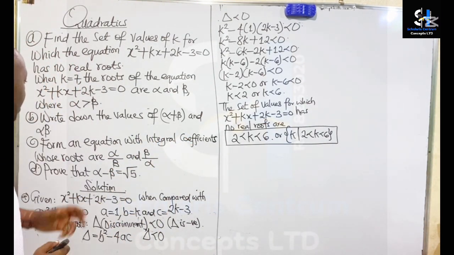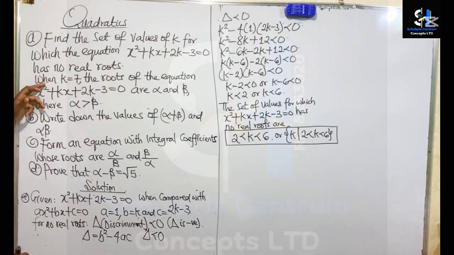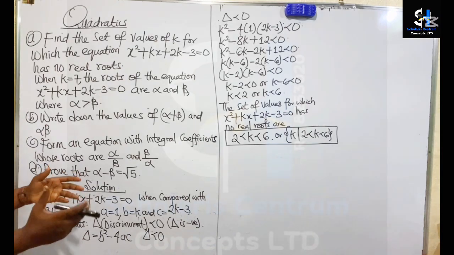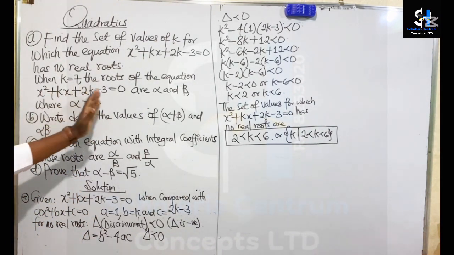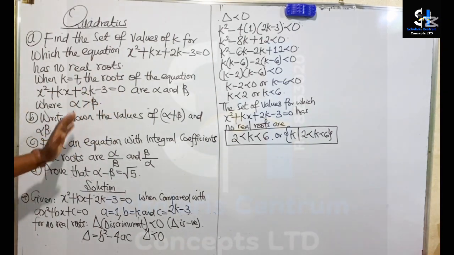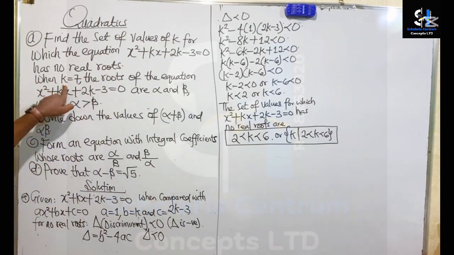So that's it. All right, now also we have here that when k equals 7, the roots of the quadratic equation are alpha and beta, where alpha is greater than beta. So what they want us to do here is to substitute the value of k.